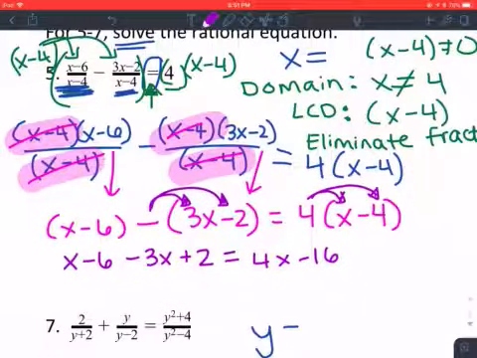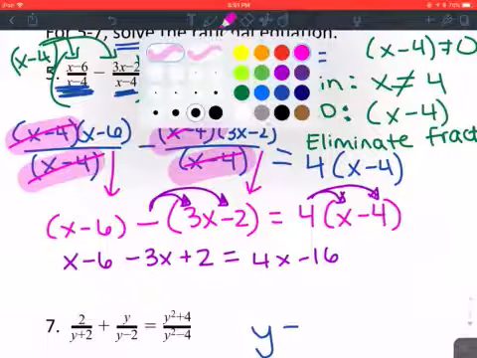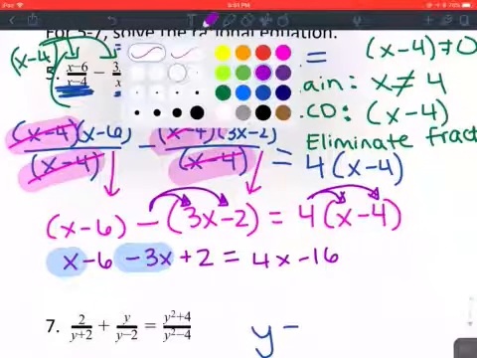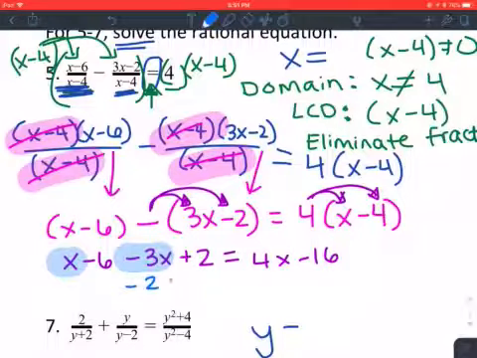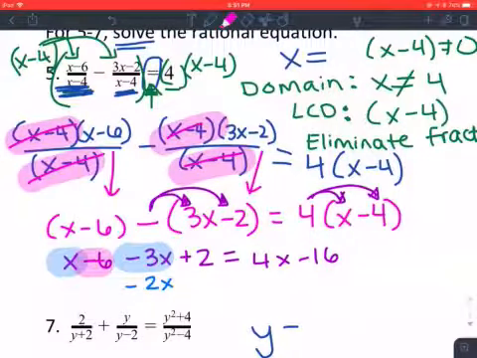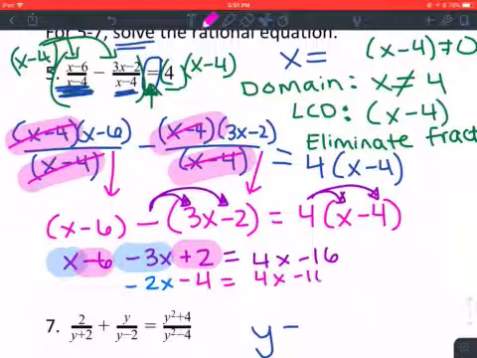And now at this point, we can combine like terms and solve. So we have x minus 3x, so negative 2x. We have negative 6 plus 2, gives me a negative 4, equals 4x minus 16.